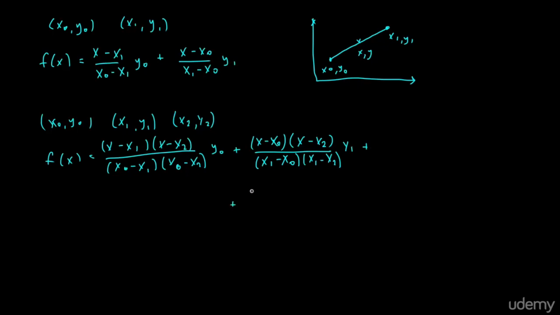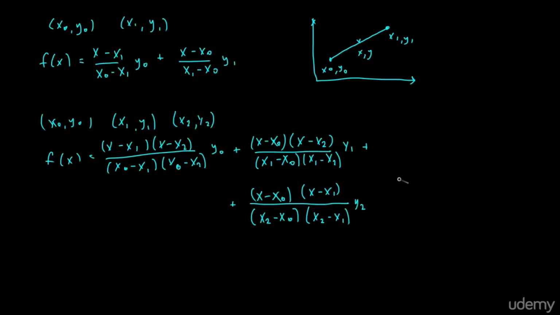The third term is x minus x0 multiplied by x minus x1, divided by x2 minus x0 multiplied by x2 minus x1, all multiplied by y2.